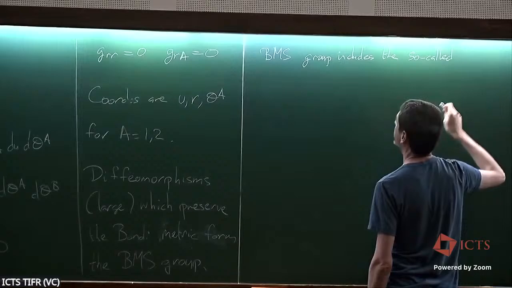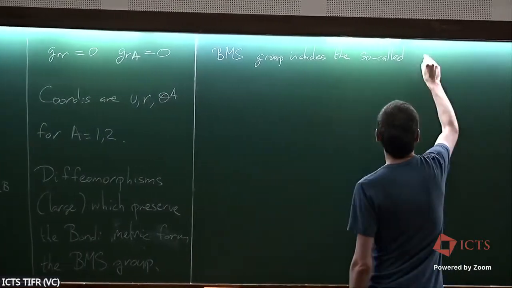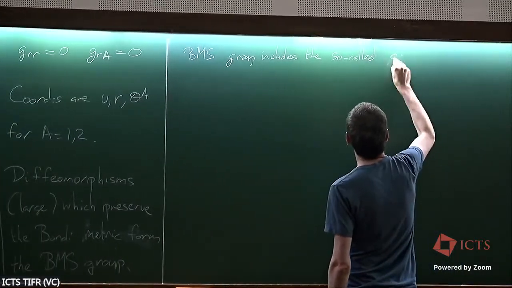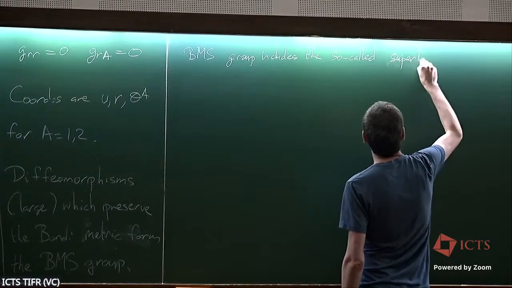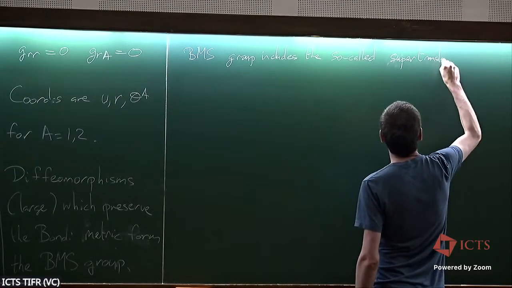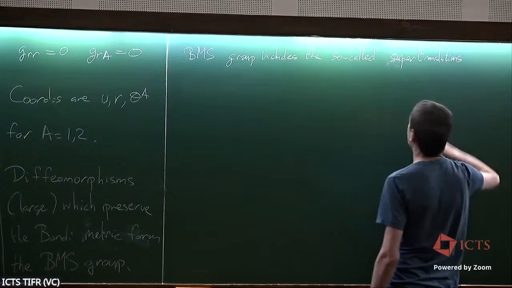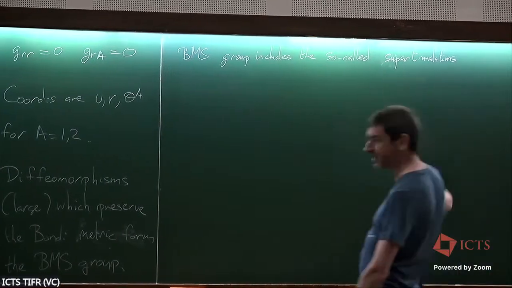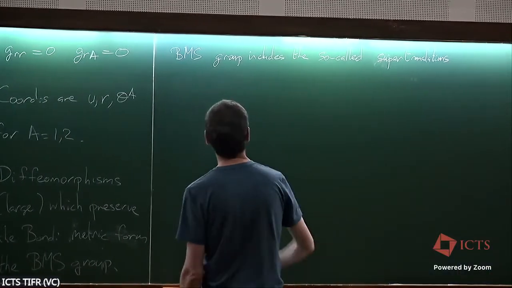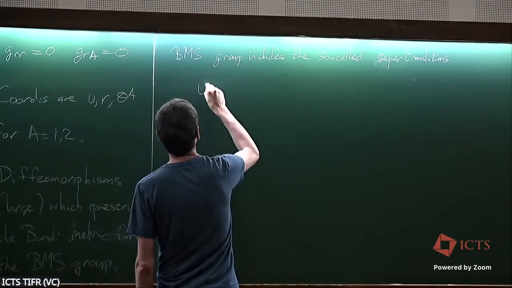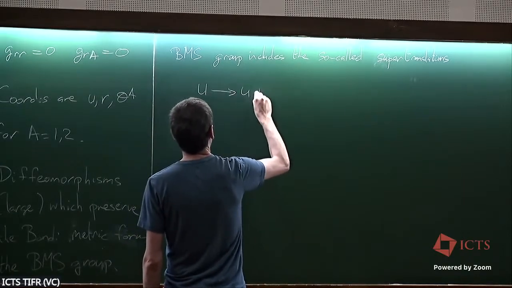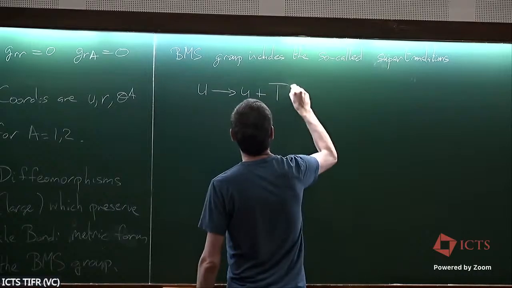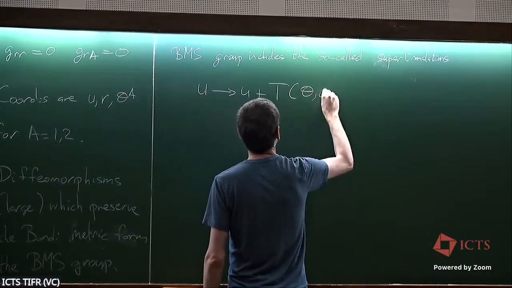I'm going to say so-called super translations. Well, particle physicists, when you start talking about super anything, immediately begin to think about supersymmetry, which is not observed in nature. Anyway, this has nothing to do with that. So these super translations are changes of this u coordinate by a function of theta and phi.